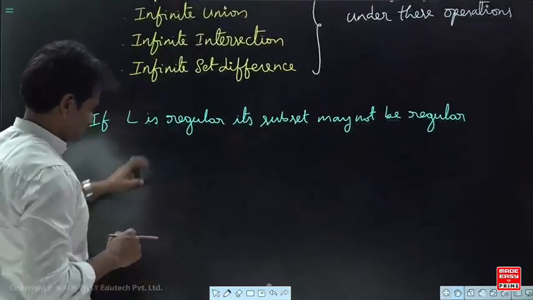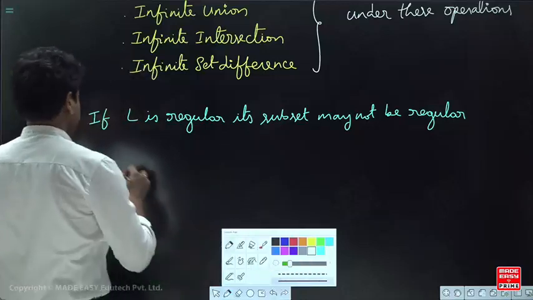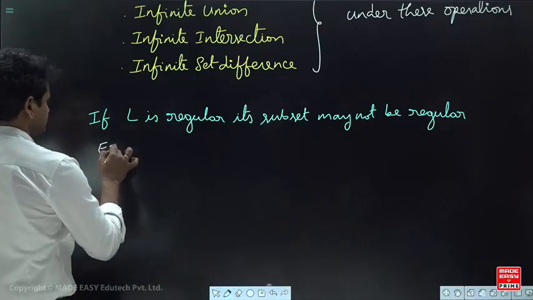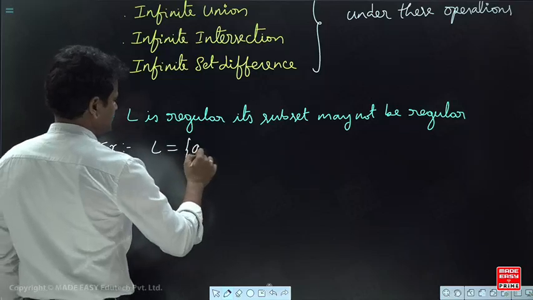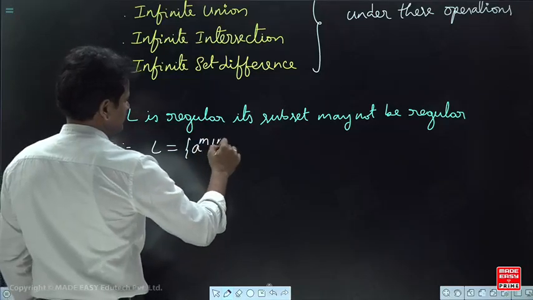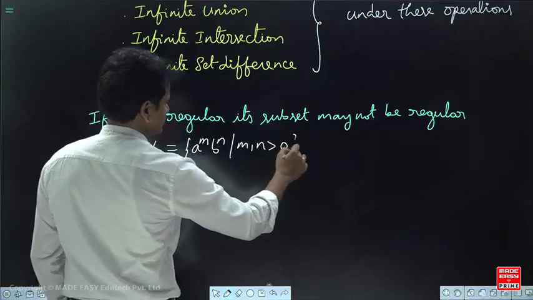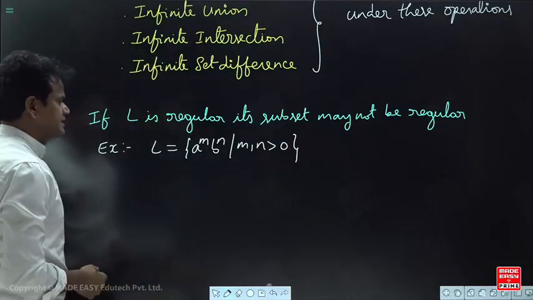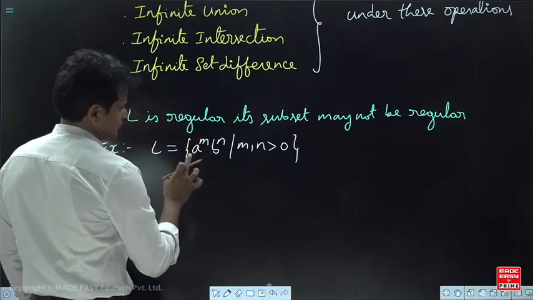Okay, example. L equals a power m, b power n, where m, n are greater than 0. What is the language, guys, here? One or more A's followed by one or more B's.